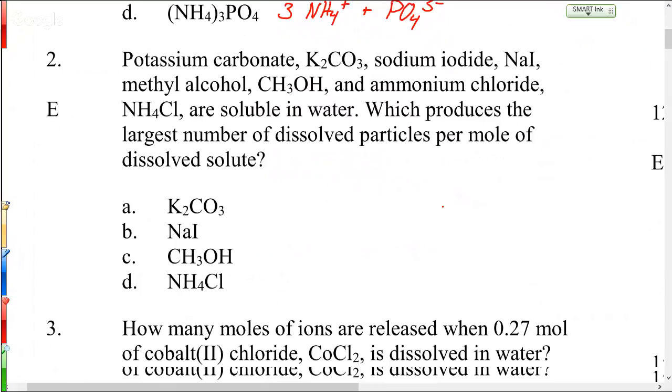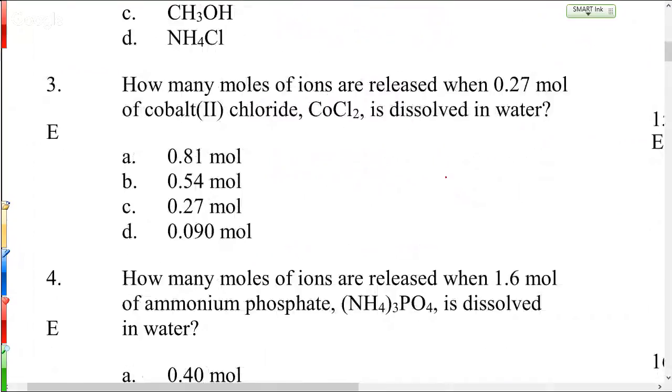All right, now let's try the same question, but now we're going to actually quantify it. If we have cobalt chloride now, and we're given a specific amount, 0.27 moles, how many total moles of ions are produced when it dissolves in water? How are we going to do a problem like that? Yeah, we need to think about how many total ions are released. So we could even do it like a conversion factor.